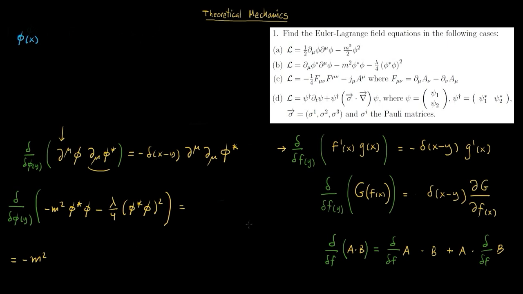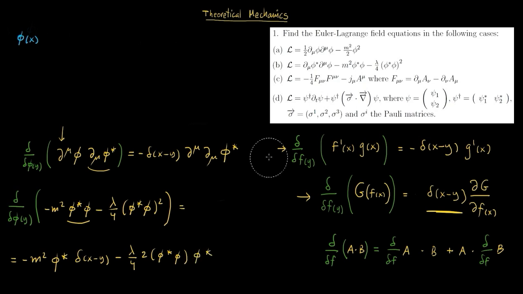And now the second property tells us that we need to perform the partial derivative of g with respect to the function. So the derivative of this with respect to phi is phi star times Dirac's delta minus lambda over 4. Let's compute the derivative. 2 times phi star phi times the derivative of this expression, so phi star.